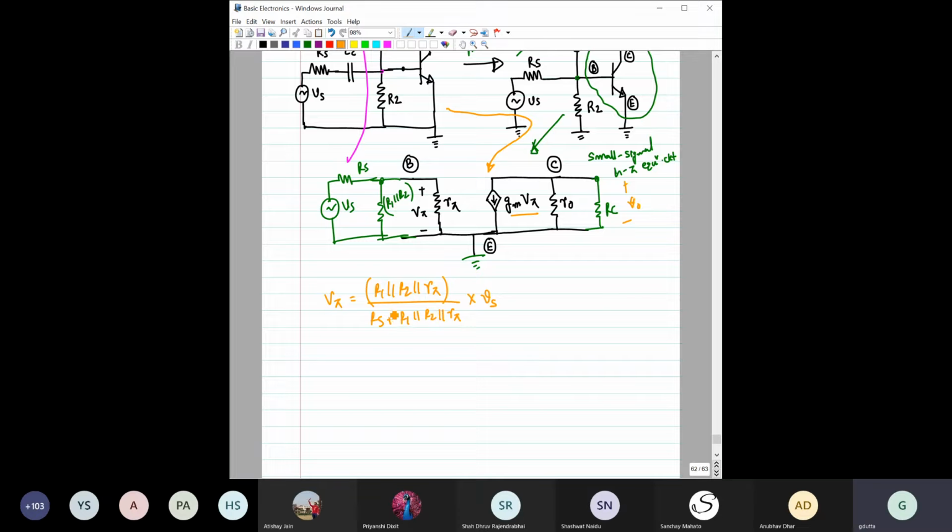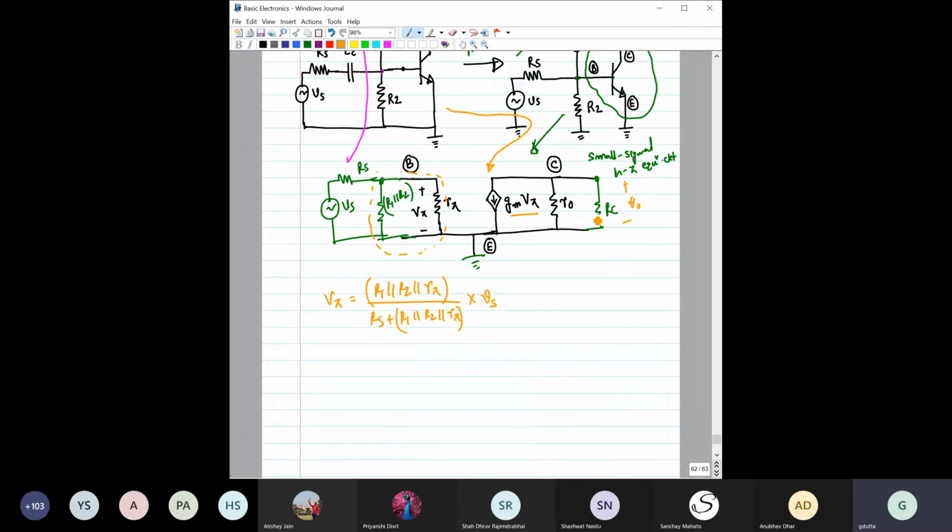This is the equivalent resistance of this part, and it is basically a voltage division. So the voltage drop across this equivalent part we are finding. So this is basically V pi.